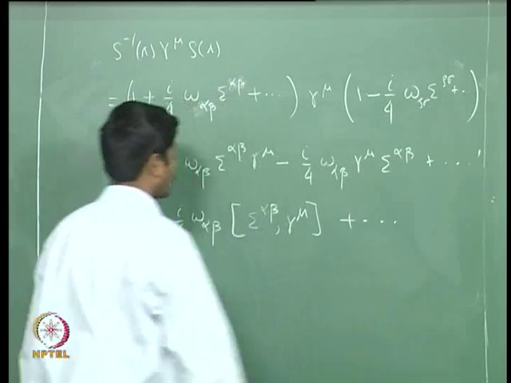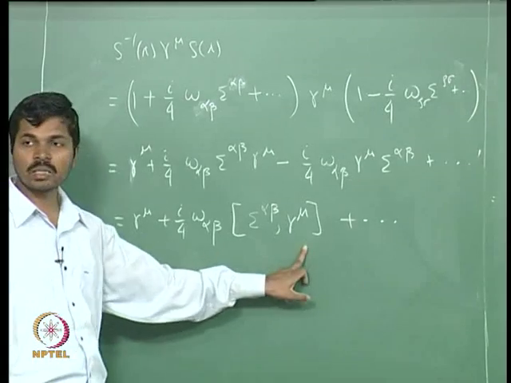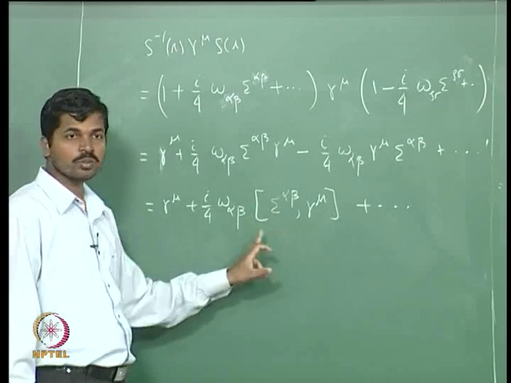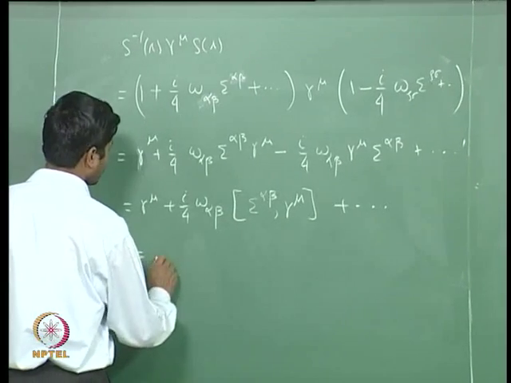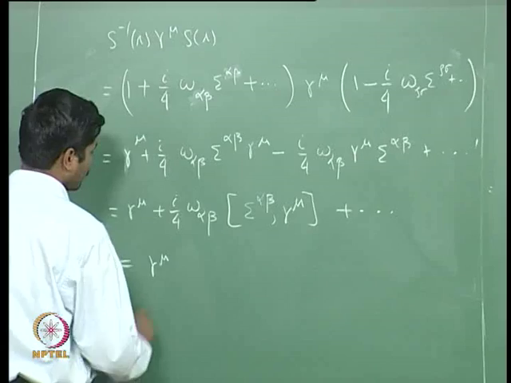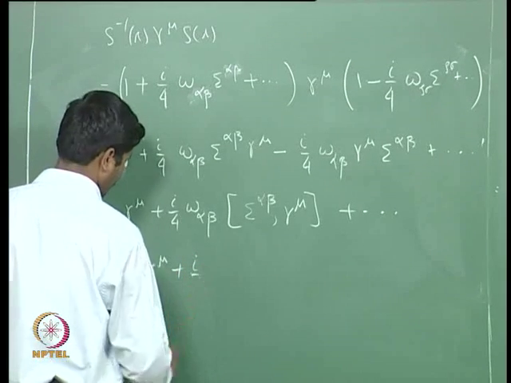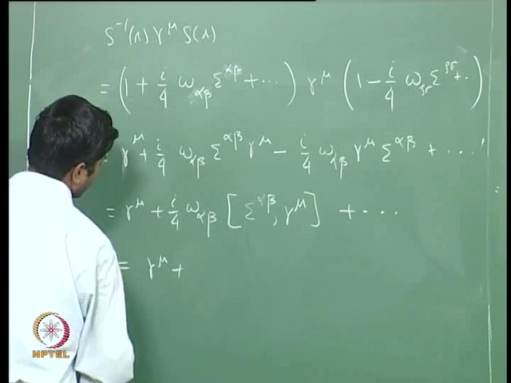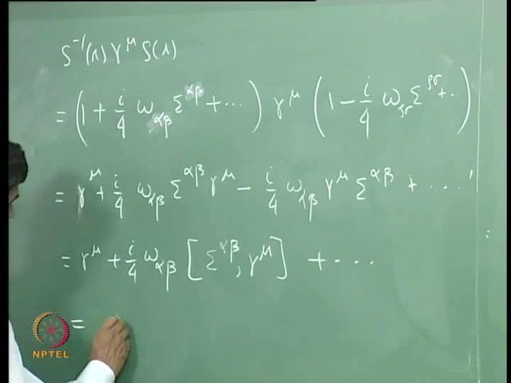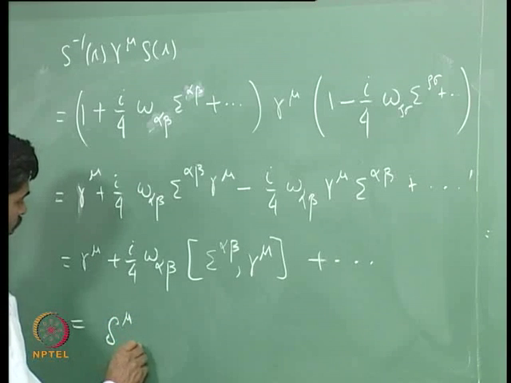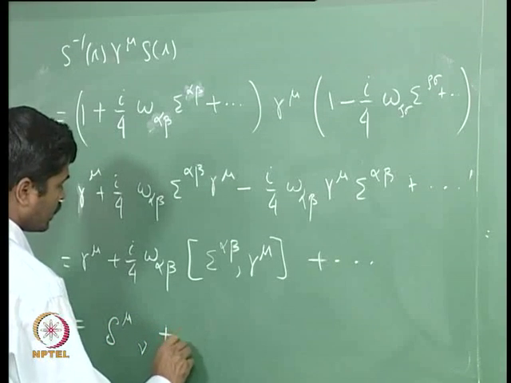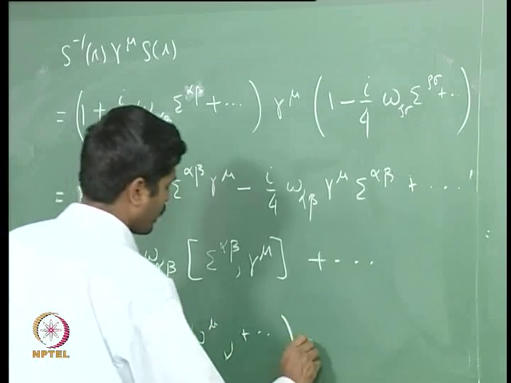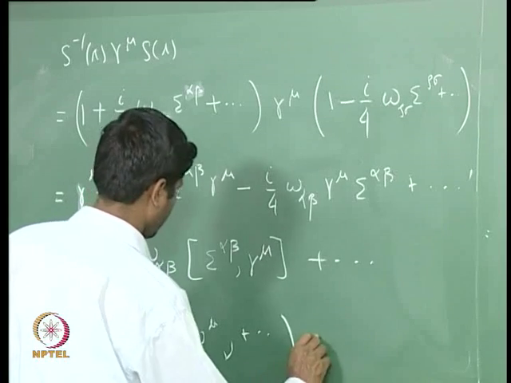and all other terms. And in the last lecture we have evaluated the commutator of sigma alpha beta and gamma mu. If you substitute it here, then you have gamma mu plus i over... So, finally, all the factors will cancel, and what you will get is delta mu nu plus omega mu nu gamma nu.